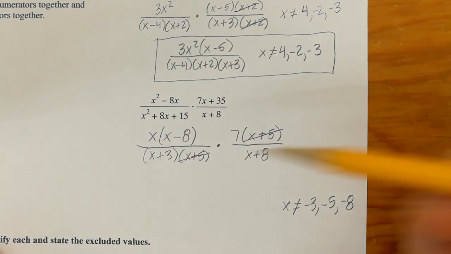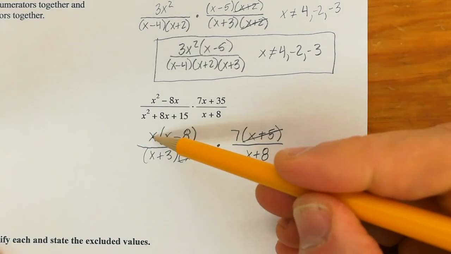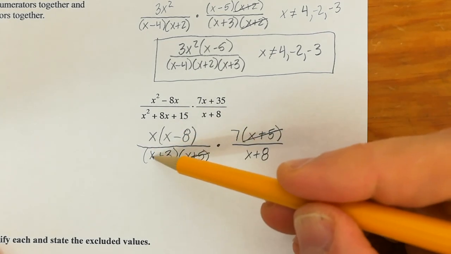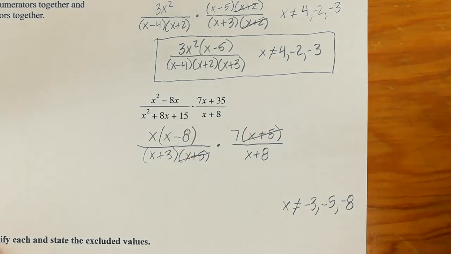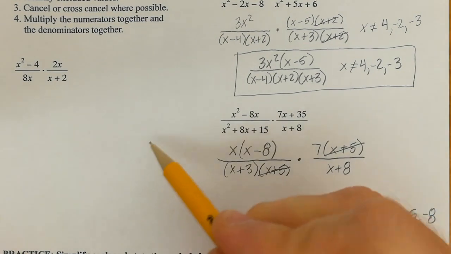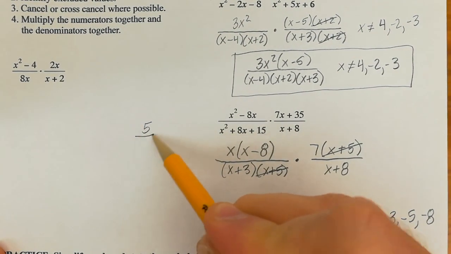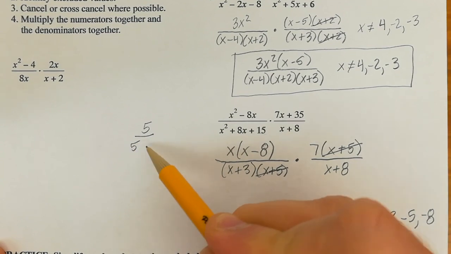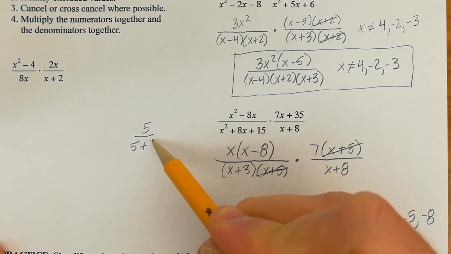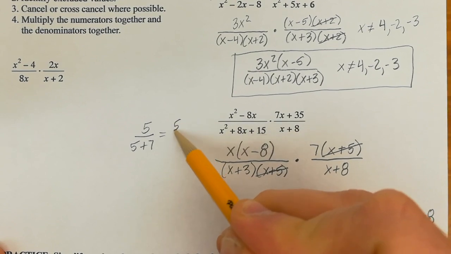Also, you can't cancel an x with this x. This x is involved in addition. That does not work. That would be like saying, just really quick off to the side, if we had 5 over 5 plus 7, well, that comes out to 5/12.